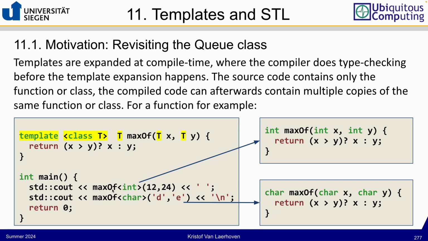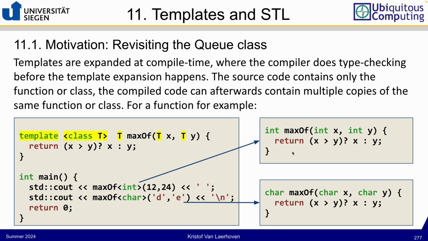So in this case, we want to create a function maxof that uses integers, and therefore we give it integers, 12 and 24. Now, when this is met by the C++ compiler as it is parsing our codes, then it will replace this using this information with this over here.